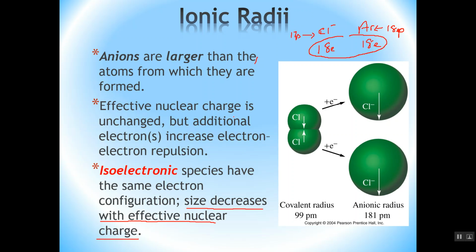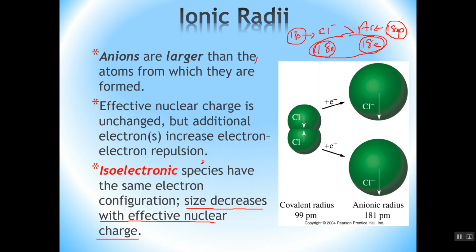Going back to the example, because the chloride ion has 17 protons and the argon has 18 protons, the argon would have a greater nuclear charge, and therefore it will be smaller in atomic size compared to the chloride ion, because they both have the same number of electrons.